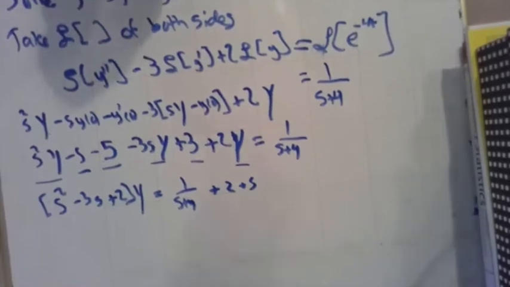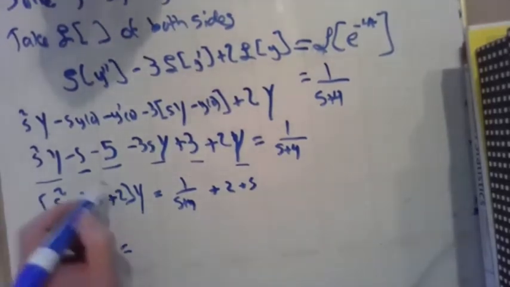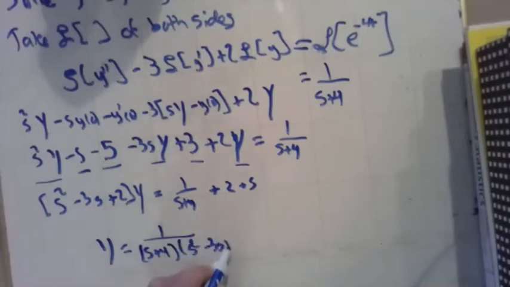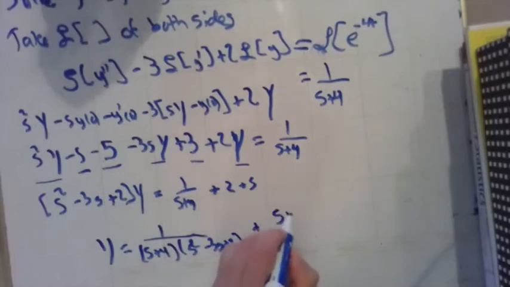So capital Y then would be, I have to divide everything by that, 1 over s plus 4 times s squared minus 3s plus 2, plus s plus 2, over all that stuff.